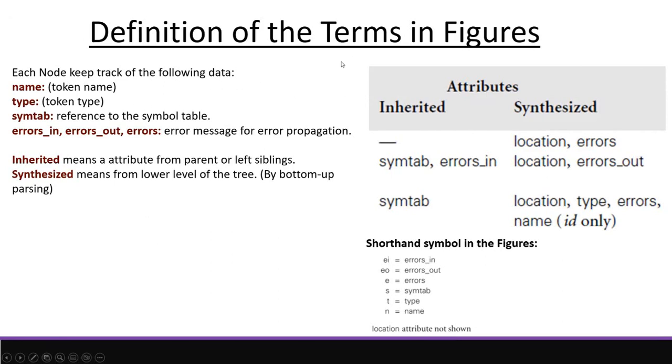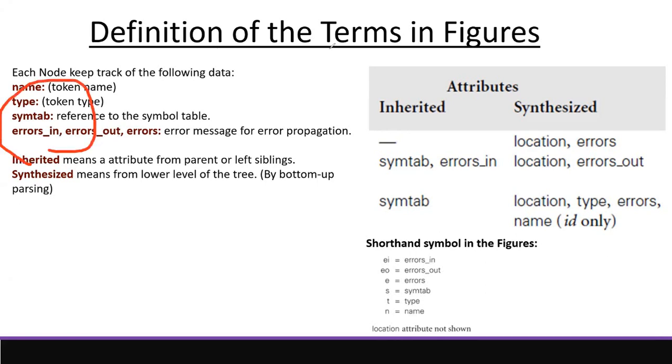So each node, each expression or non-terminal, may have a name. These are attributes: type, symbol table reference, and error. These are some attributes of the node.